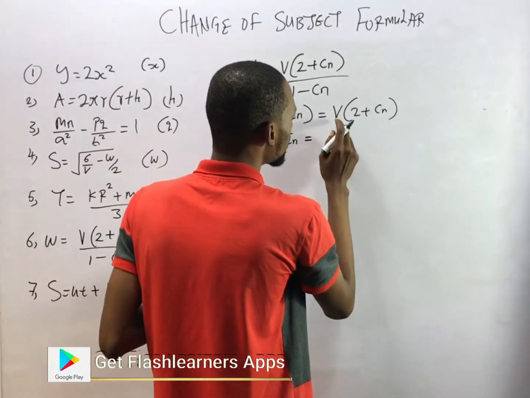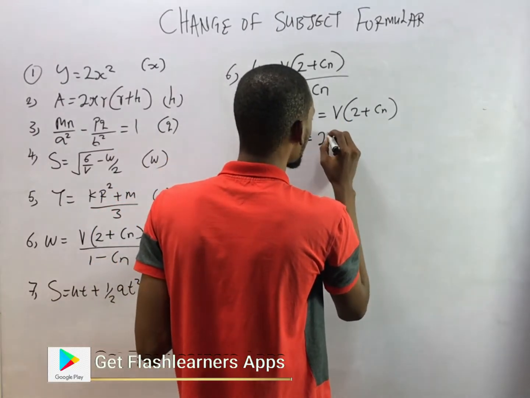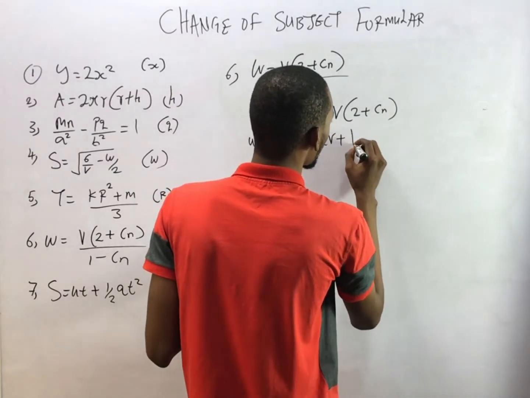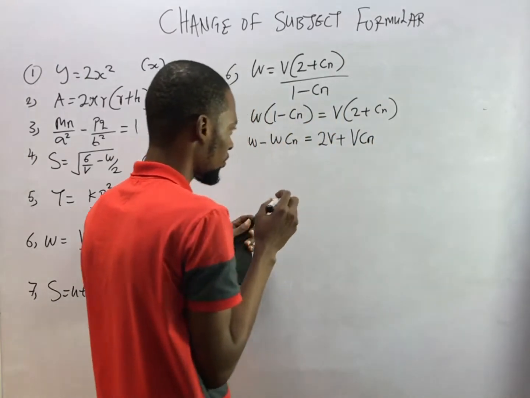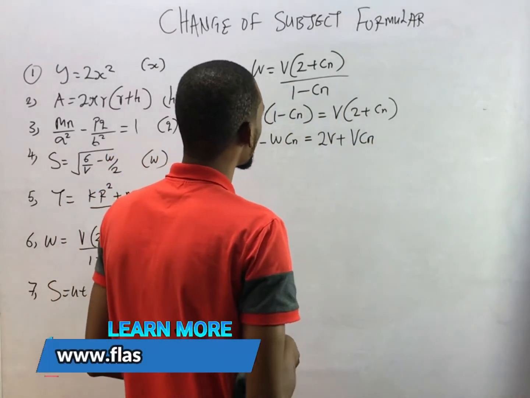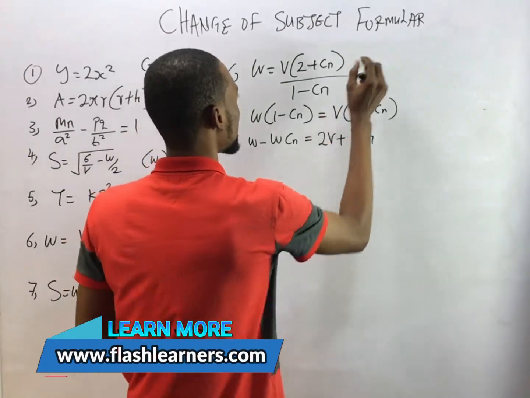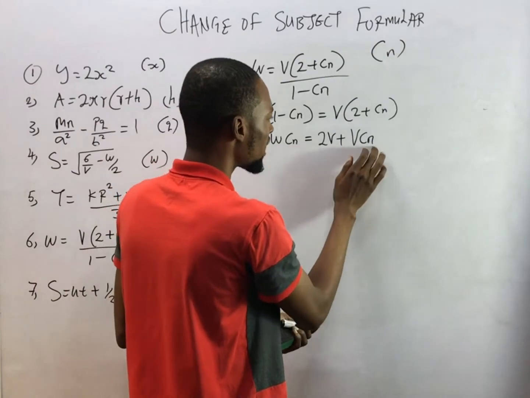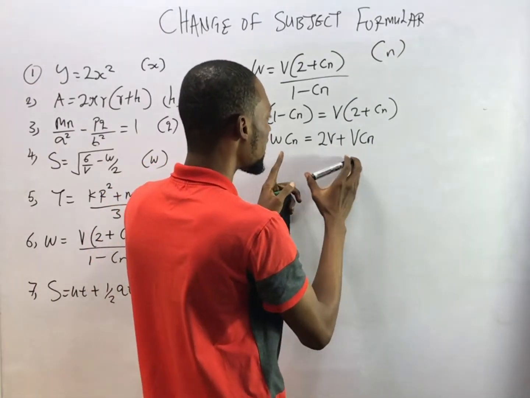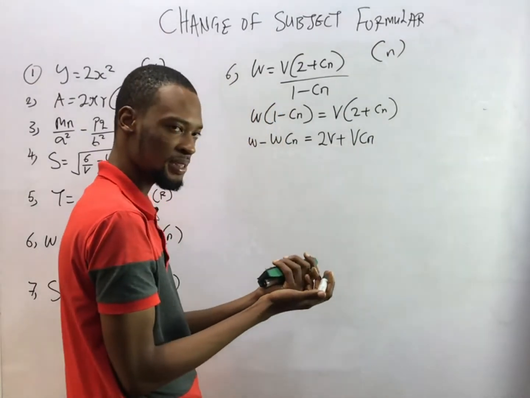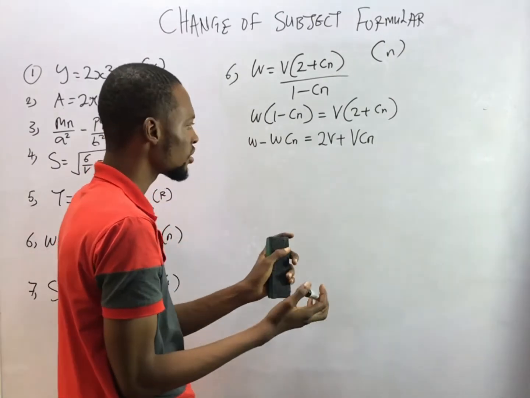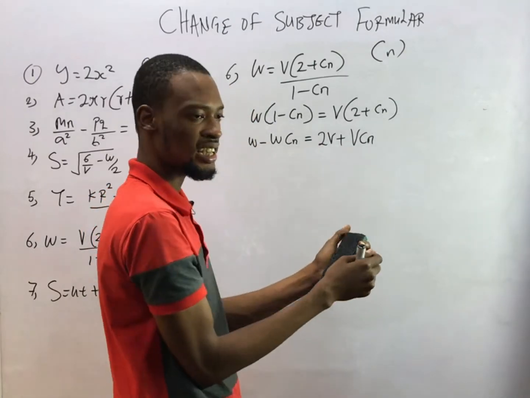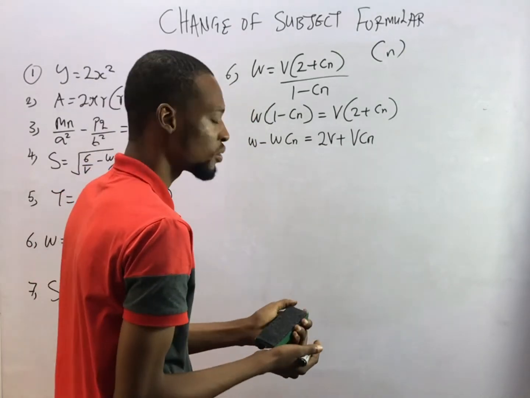This will give you equals v times 2 will give you 2v, plus v times cn will give you vcn. Now look at this. We are making n subject formula. Then we have n here, we have n here. So that means the ones that have n in common are like terms. It makes sense, right? So let's bring the ones that have n together and the ones that don't have n to the other side and see how we can get a good result from that.